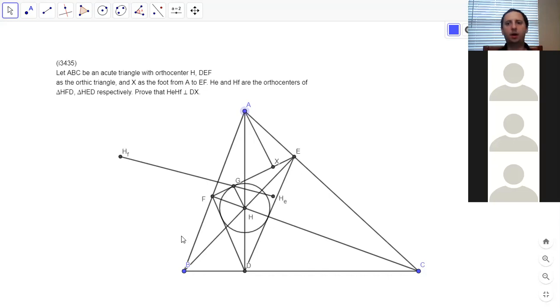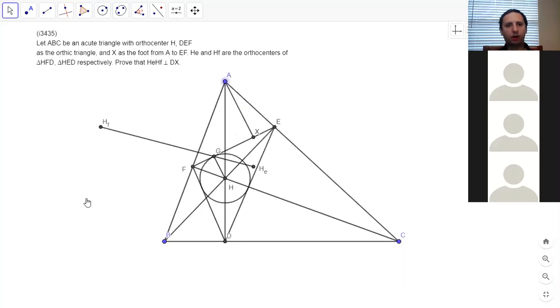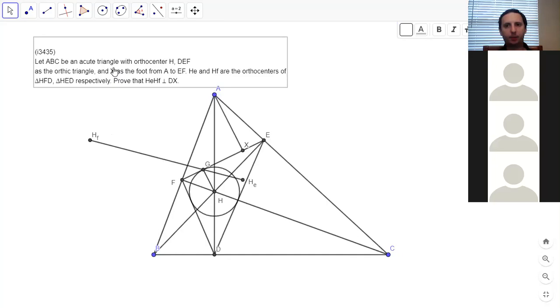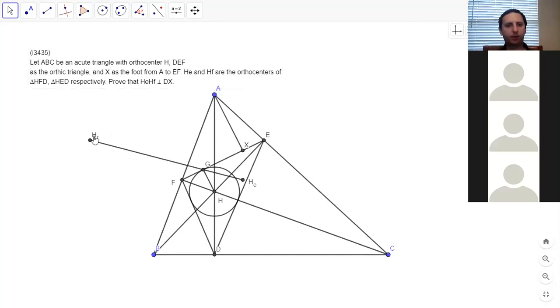What was the name? Oh, midline. The midline is the polar of H with respect to the incircle. Okay, this finishes it. All right. So I think... do you want me to write it up, or do you want me to move on to the next one? It's up to you guys.